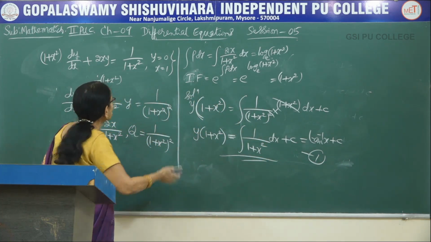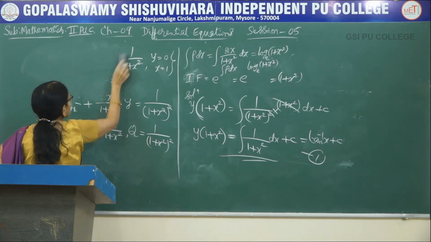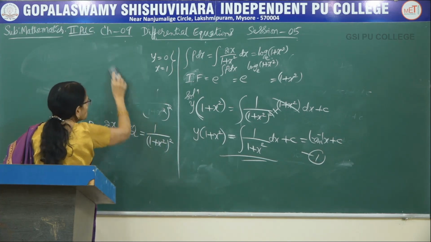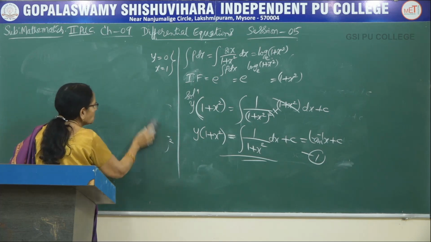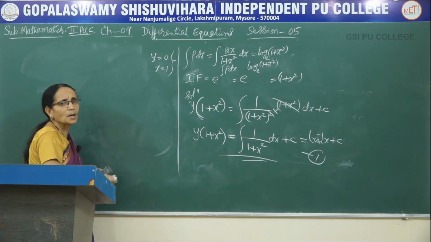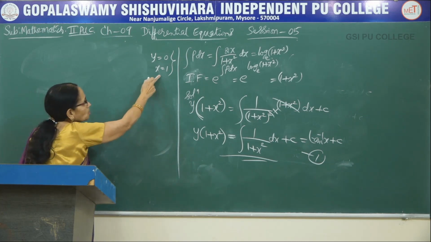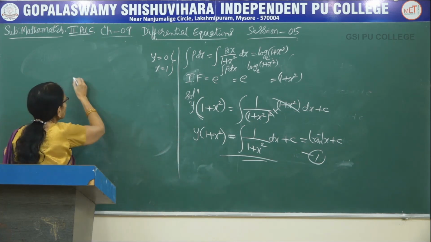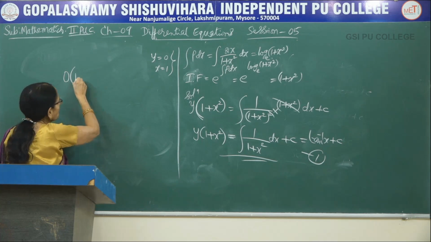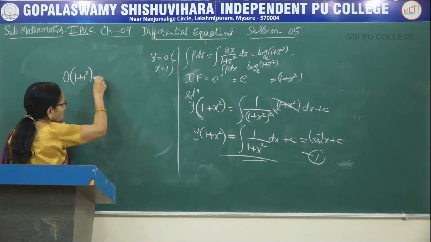Now, let us come to the values that have been specified in this particular equation. Y takes the value 0 when x takes the value 1. That is, put x equal to 1, y equal to 0. Left hand side: 0 into 1 plus 1 square.